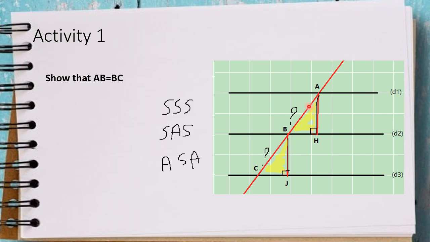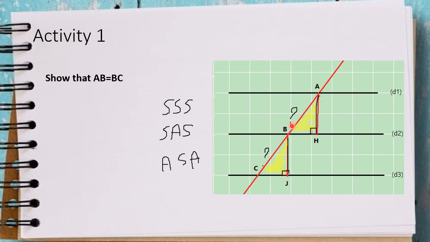What about this angle? Angle CBJ and angle BAH. Are they corresponding angles? First, we need 2 parallel lines, which are BJ and AH. Why are they parallel? I do not have it as a given, but I can prove it. Why is AH parallel to BJ? Because AH is perpendicular to D2 and BJ is perpendicular to D3, and D2 and D3 are parallel.